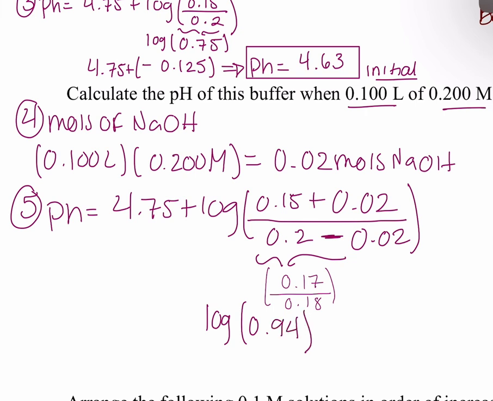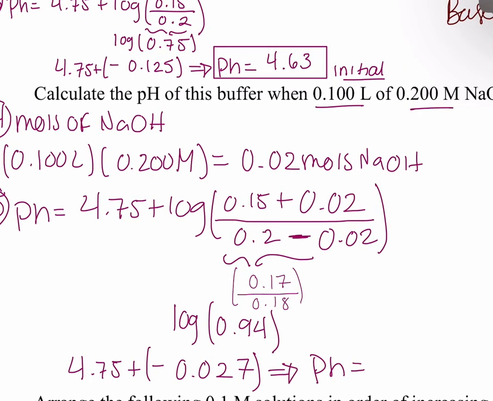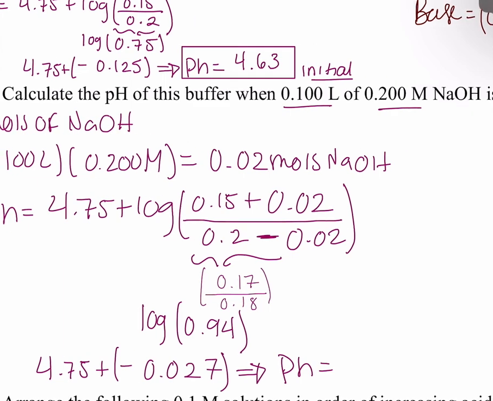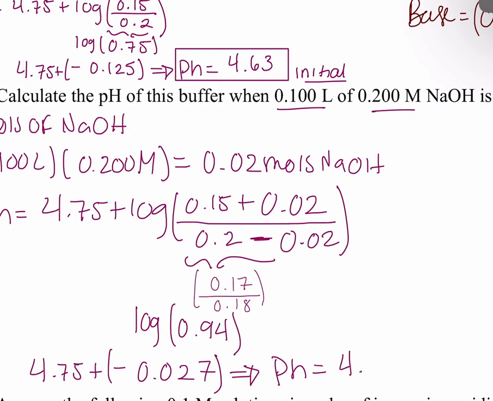And the log of 0.94 is going to be negative 0.027. And then it's going to be 4.75 plus that. And that's going to give us the new pH, which is going to equal, let me do the math, 4.75 plus negative 0.027 gives us a new pH of 4.72.